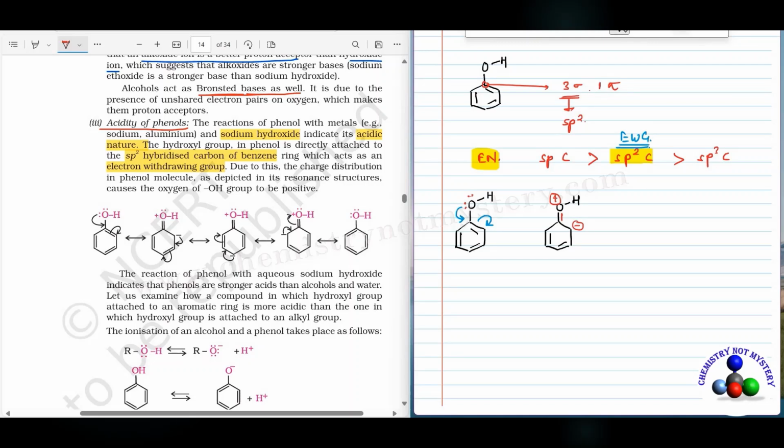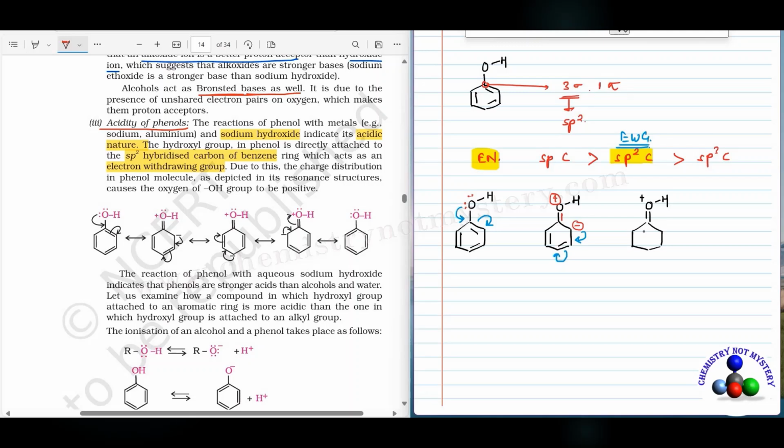Now draw the next resonating structure. In the next resonating structure, this negative charge will move between these 2 carbons in the form of a pi bond, and this pi bond will move to the next carbon in the form of negative charge, and the rest of the structure will remain as it is. So here there is a double bond between carbon and oxygen.